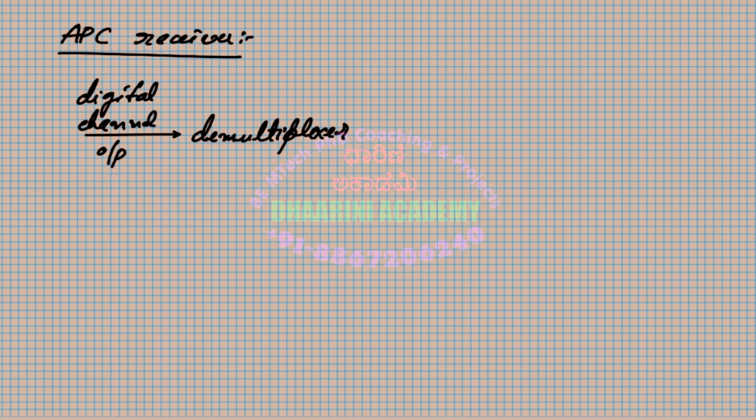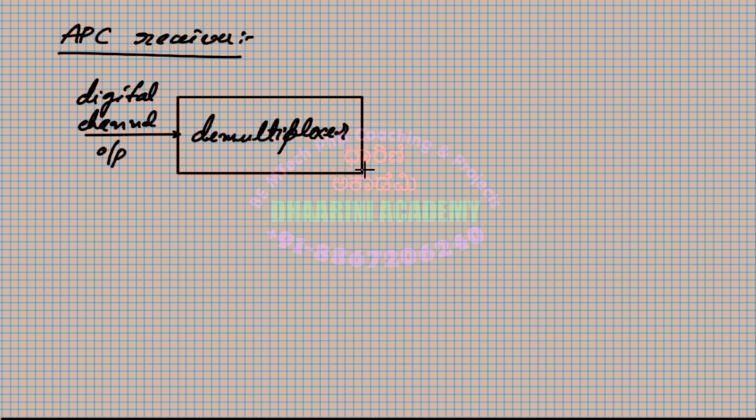We have a demultiplexer present. This demultiplexer will do similar jobs as a buffer. It will hold the data that is present in the demultiplexer. Demultiplexed outputs can be used for the predictor which we need on the receiver side as well. If you remember, whatever type of predictor you are going to use, that predictor is required on both sides, correct?